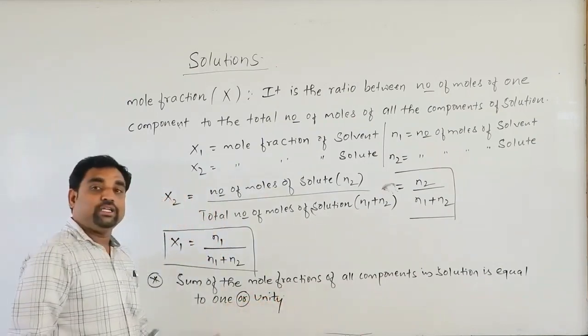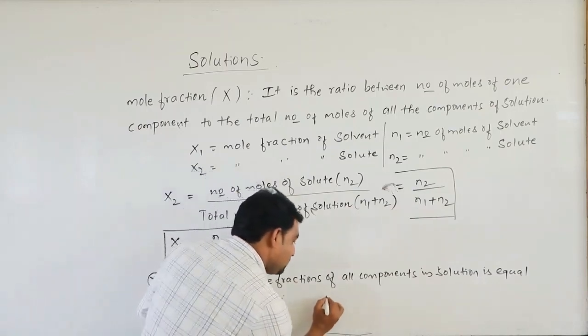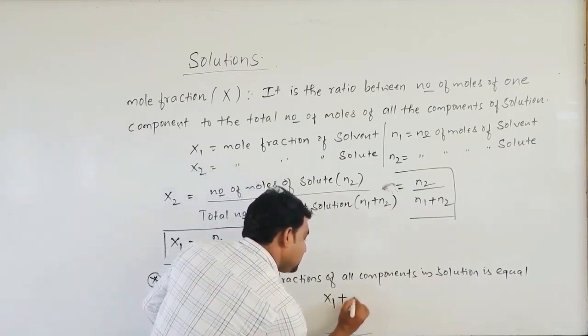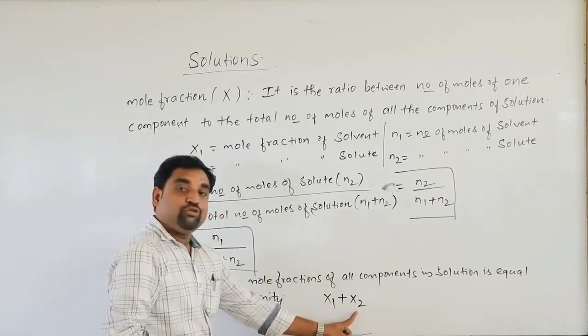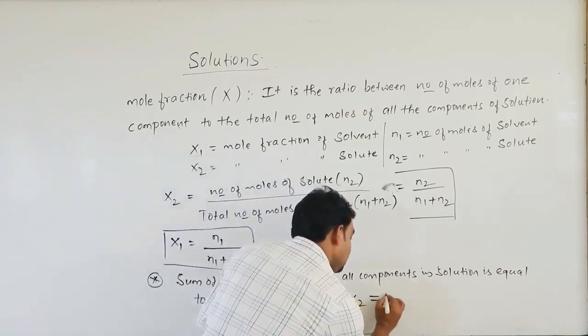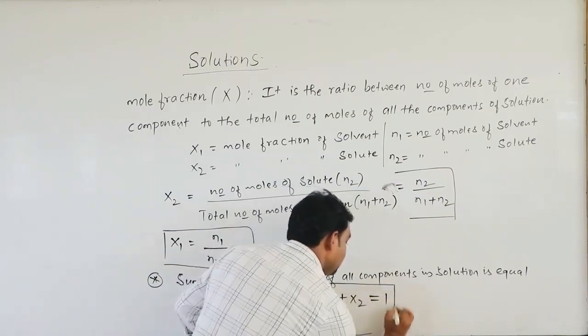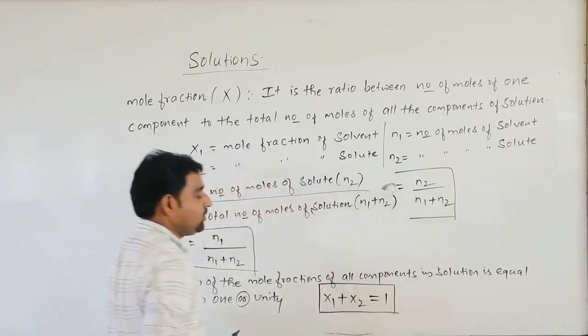In the case of a binary solution with two components, the mole fraction of solvent and mole fraction of solute always add up to 1. This is the important formula: X1 plus X2 is equal to 1.